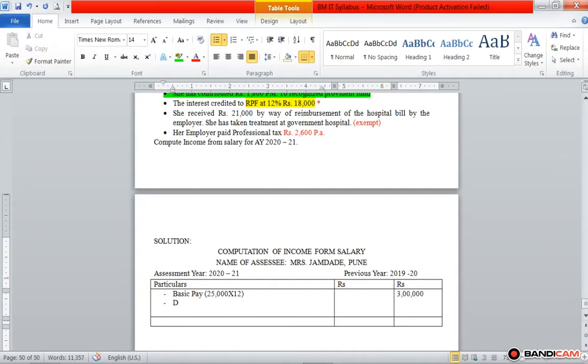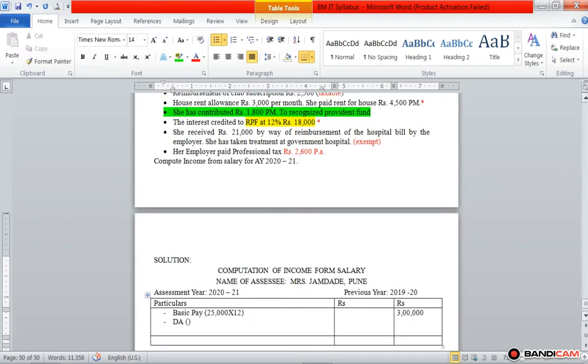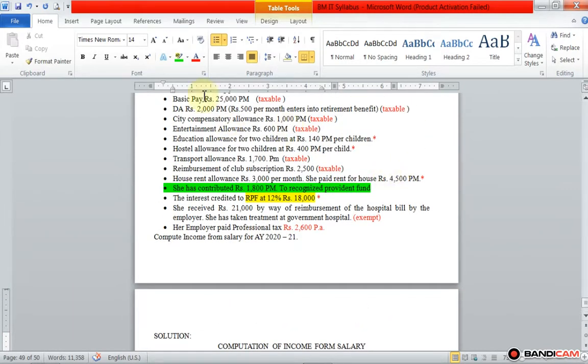Then DA amounting to rupees 2,000 per month. Here basic salary is taken into consideration.